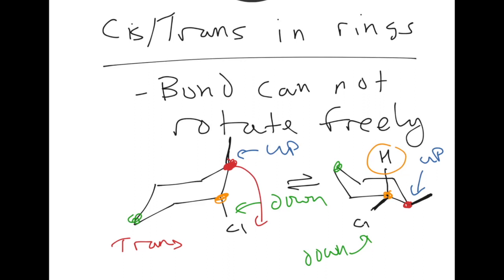The red carbon comes down and that orange carbon kind of stays put, and the bond from the orange carbon to the red carbon pivots almost at that orange carbon. You can almost think of it as the two carbons in the back kind of sliding forward, but those front two carbons stay in the same place, if that makes sense. So you're just pivoting on that orange carbon.